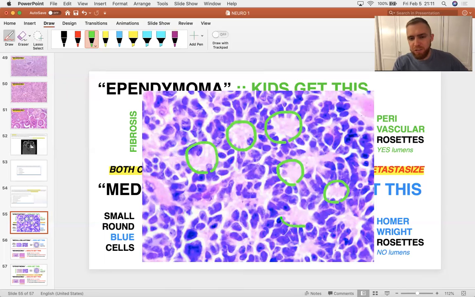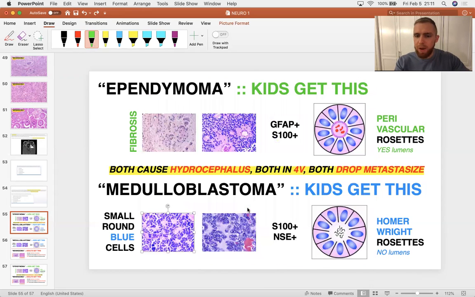This is like Kraft singles right here, okay? The lumens of these rosettes are completely filled in with tissue, with neuropil, with whatever you want to call it. Point being, they're not empty, they're full. That's a medulloblastoma. That's the rosette that you see in the medulloblastoma. And that happens to be called the Homer Wright rosette.